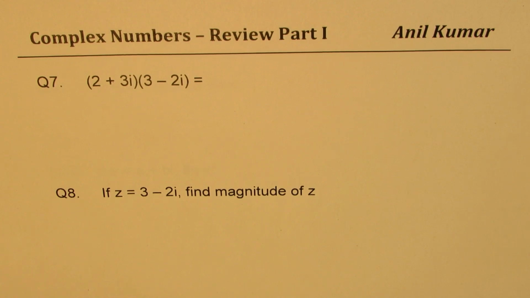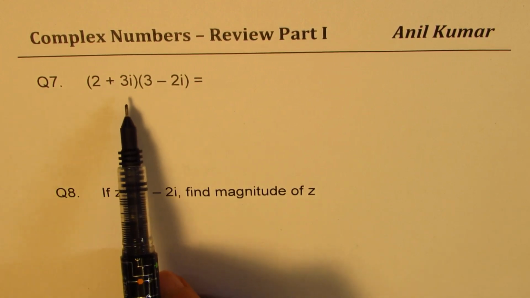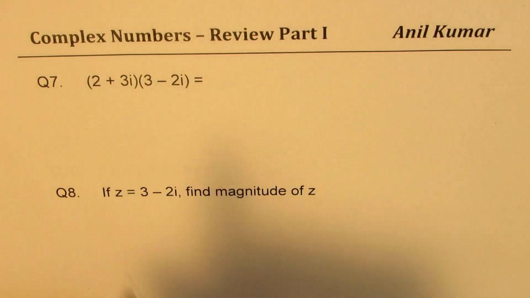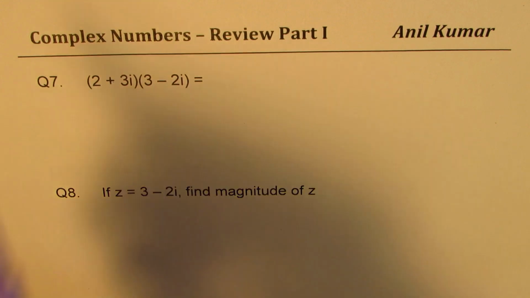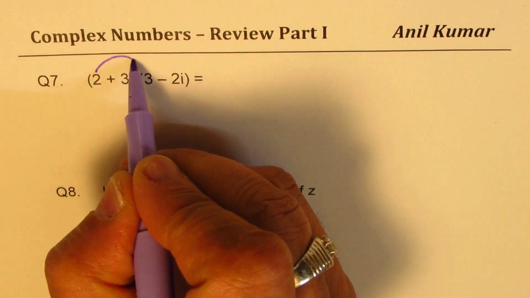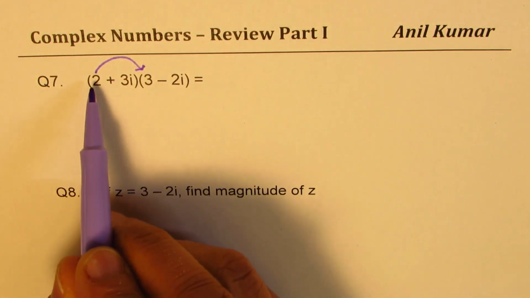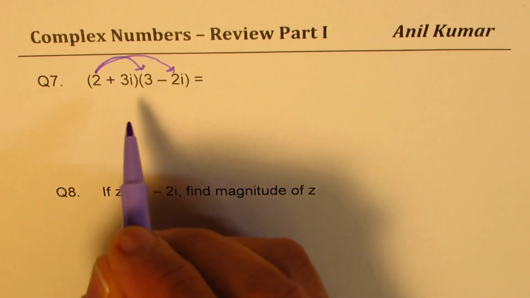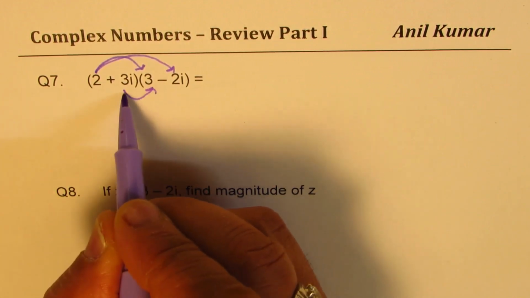Now let's see how to multiply complex numbers. Question number 7. 2 plus 3i times 3 minus 2i. So to multiply, we need to multiply just as we do in polynomials. First with 2, we'll multiply both the numbers, 3 and minus 2i, and then we'll do the same with 3i.